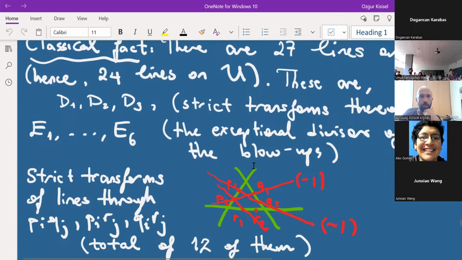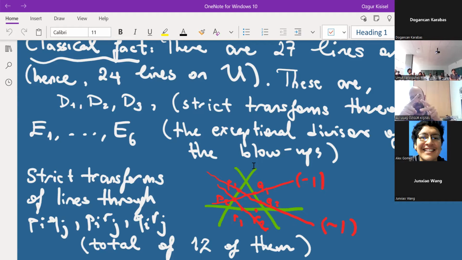So the other 15 are, first of all, strict transforms of lines through these P_i Q_j, P_i R_j, Q_i R_j. So there are 2 points on each line. Take 1 point on one green line, 1 point on another. We'll join them. That's a line on P2. Its strict transform is also a line. So in this way, you can create 12 more lines because you have 2 on one line, 2 on each.